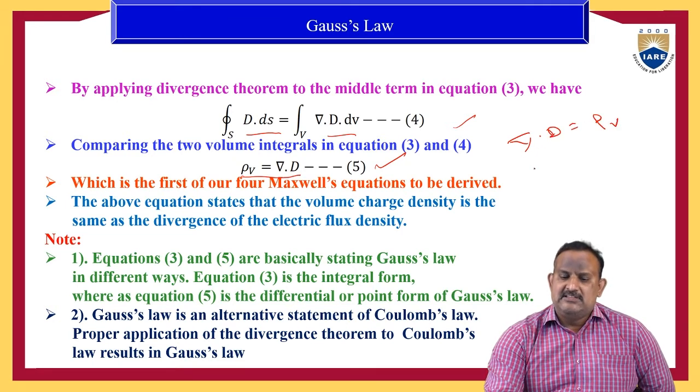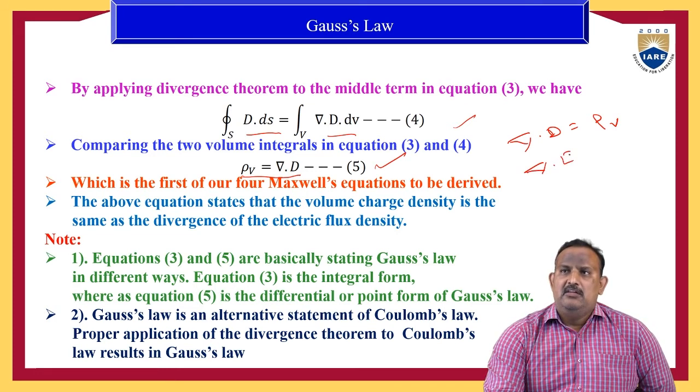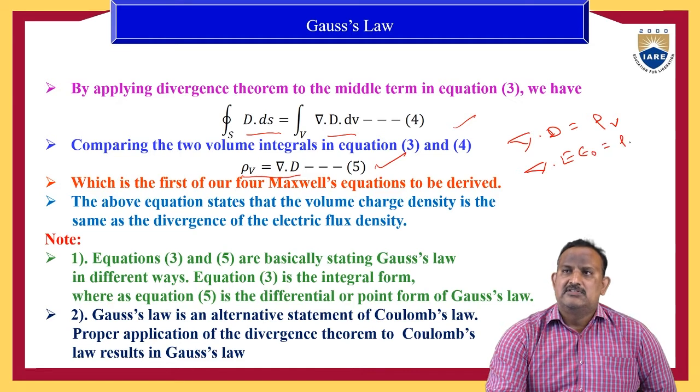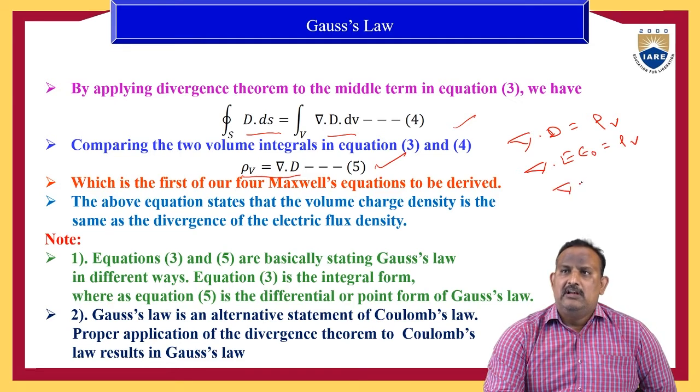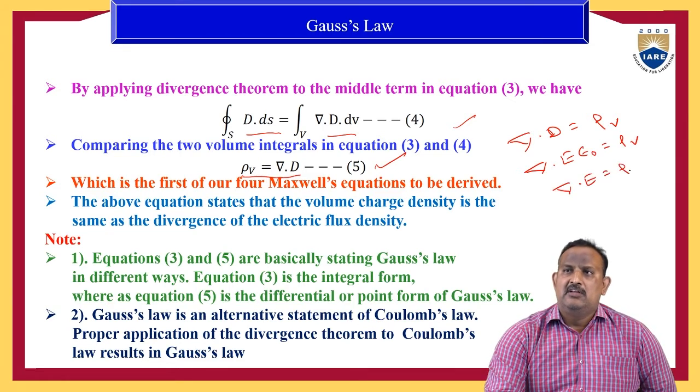It can also be expressed as, we know that D is equal to epsilon naught E, so in place of D, epsilon naught E is equal to rho v. Therefore, del dot E is equal to rho v by epsilon naught.